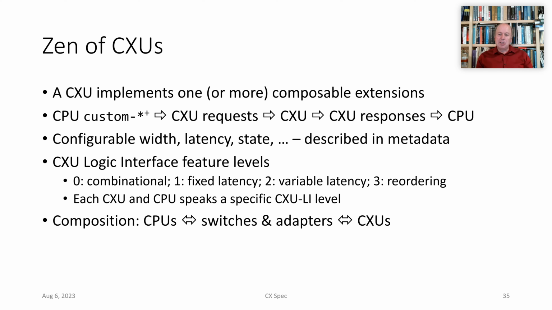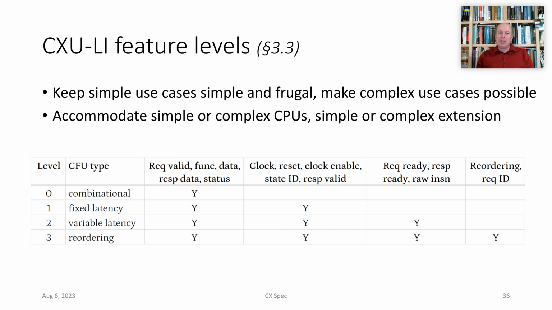And then systems are composed from these using parameterized switch and adapter CXUs. The 4 CXU feature levels are stratified to factor out boilerplate complexity and overhead, to keep simple cases simple and frugal, while still supporting complex use cases. Therefore, we care about and support well and efficiently simple and complex CPUs and simple and complex CXUs.